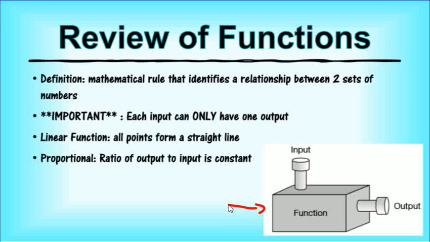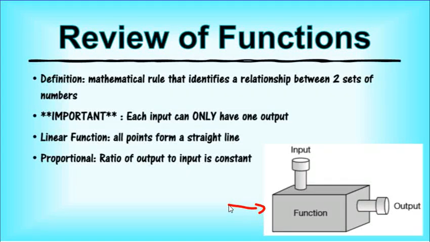And so we have what we call a linear function. All points form a straight line. So when we put a number into an equation, you get an output. We can plot those points with our inputs and our outputs on a coordinate plane, and then connect all of our points, and it forms a straight line.